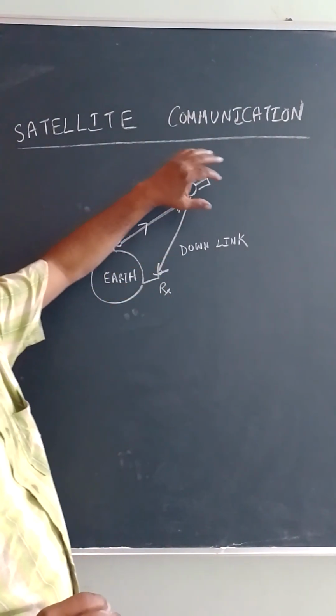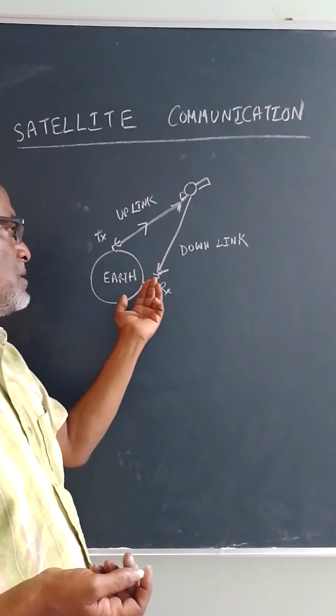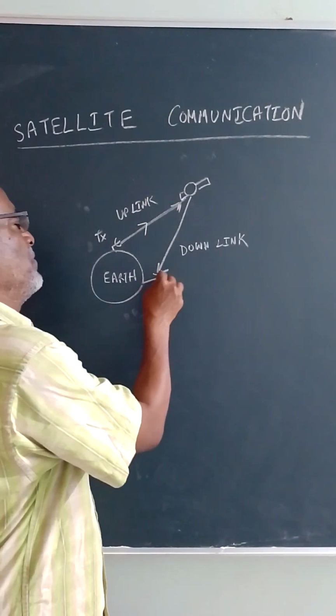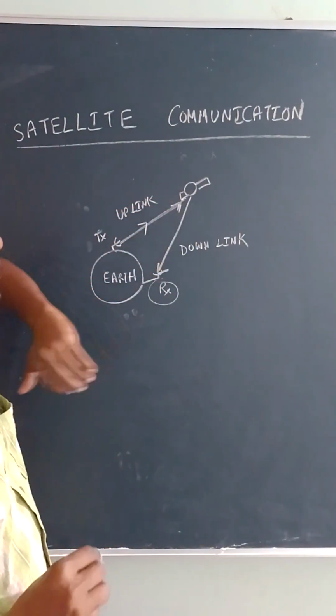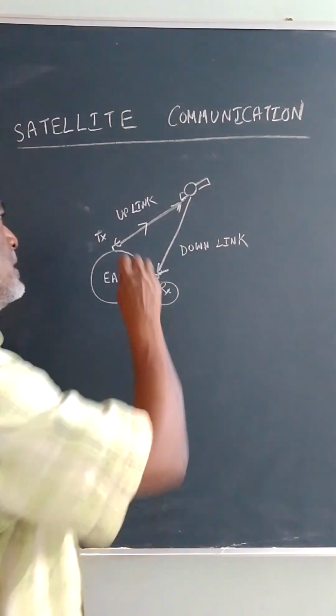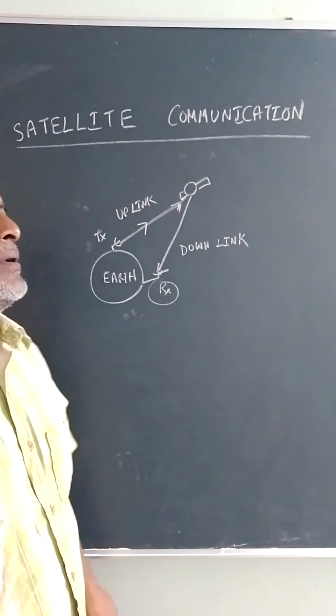It receives the signals, amplifies the signals, once again retransmits the signals to the earth, that is the receiving end, receiver, and this is called downlink. The important point to observe is the uplink frequency and the downlink frequency are totally different.